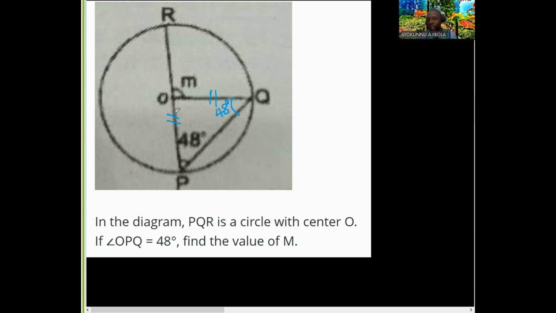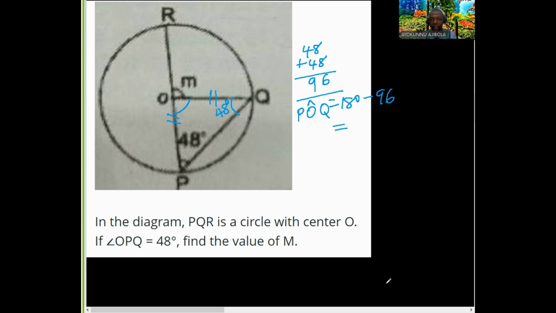Then we can find the angle at the center. Yes or no? Yes, sir. Let's say 48 plus 48. What is 48 plus 48? That's 96. So the angle POQ will be 180 minus 96.